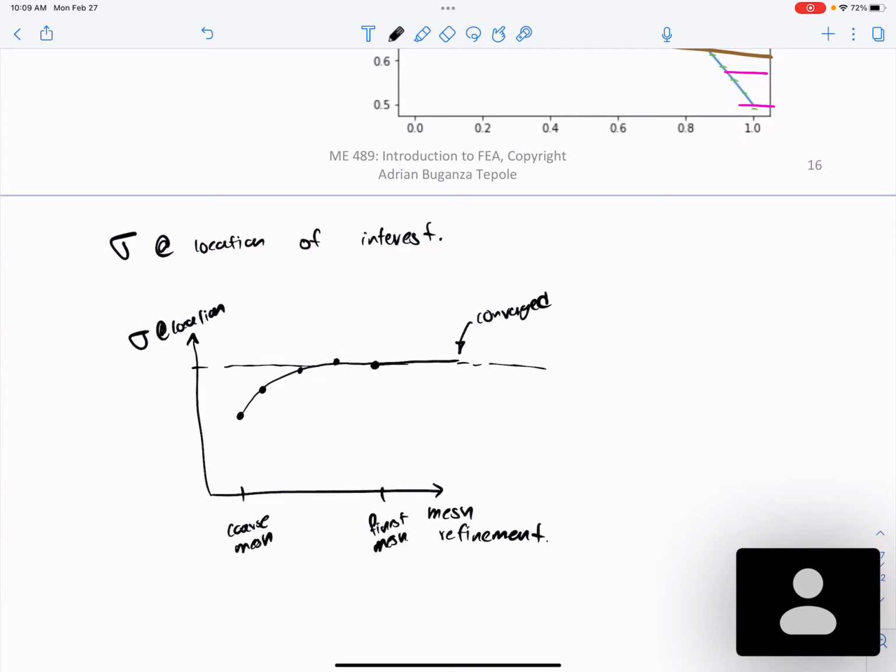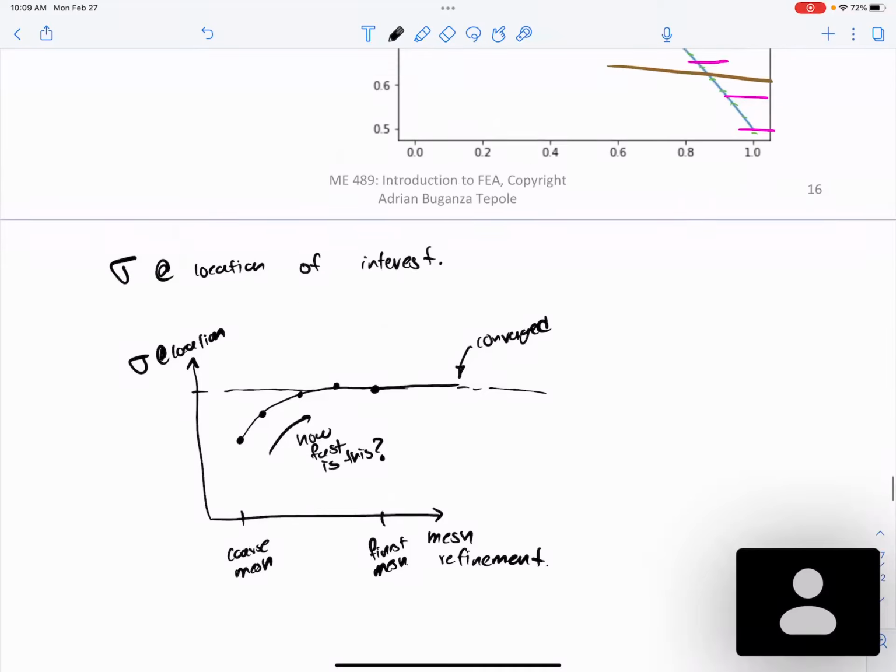You can run multiple points and then try to fit a polynomial to that. What I can tell you is how fast this convergence is, and that depends on the degree of polynomials that you use.